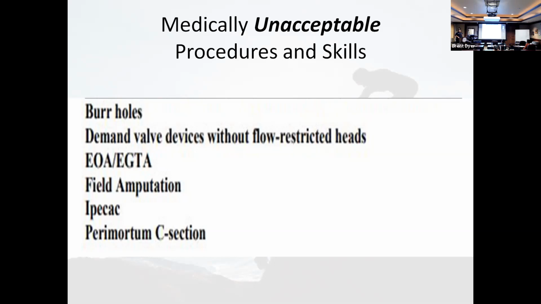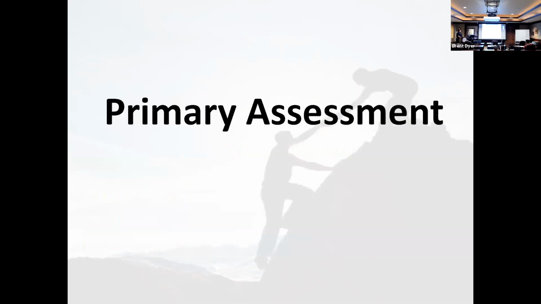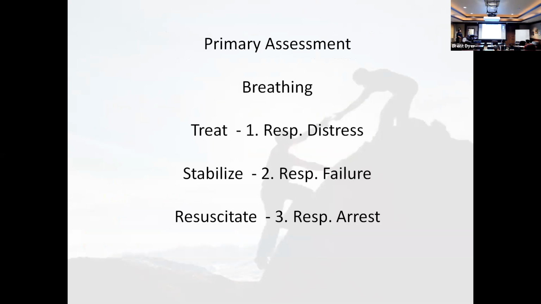Perimortem C-section is something that is clinically acceptable, but only by trained physicians and delivery OB experts in the in-hospital setting. Fair enough? So just because it is a thing, it isn't something we would ever do. So that is a medically unacceptable thing, all right? We talked about this earlier.